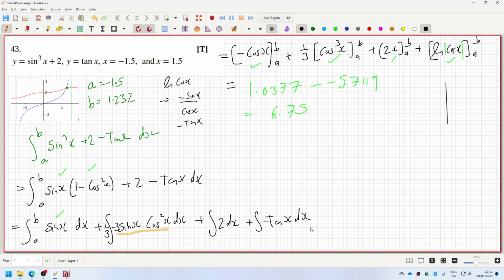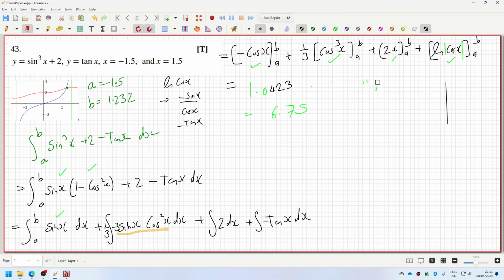Why did it change again? Yeah, sorry, it's my calculator acting up. It's been a bit weird. That's 1.0423.